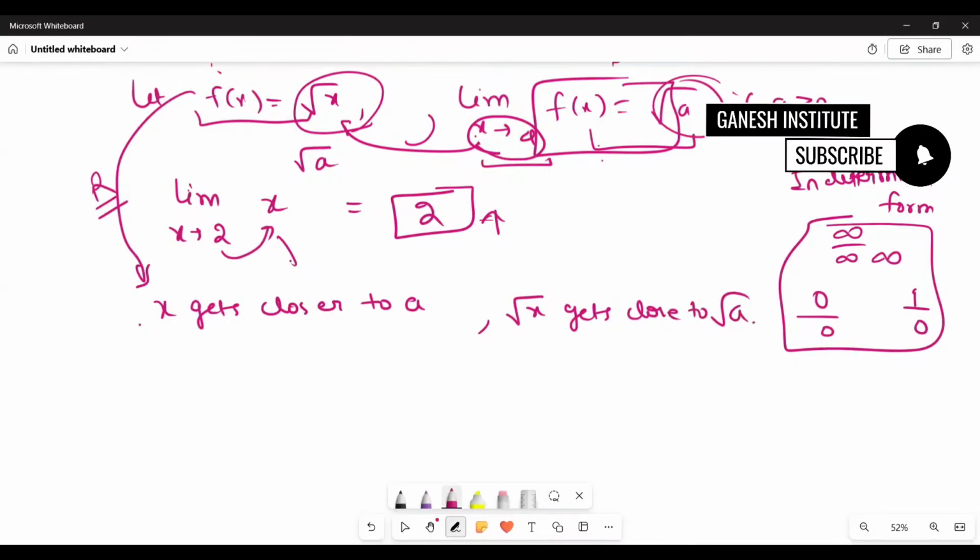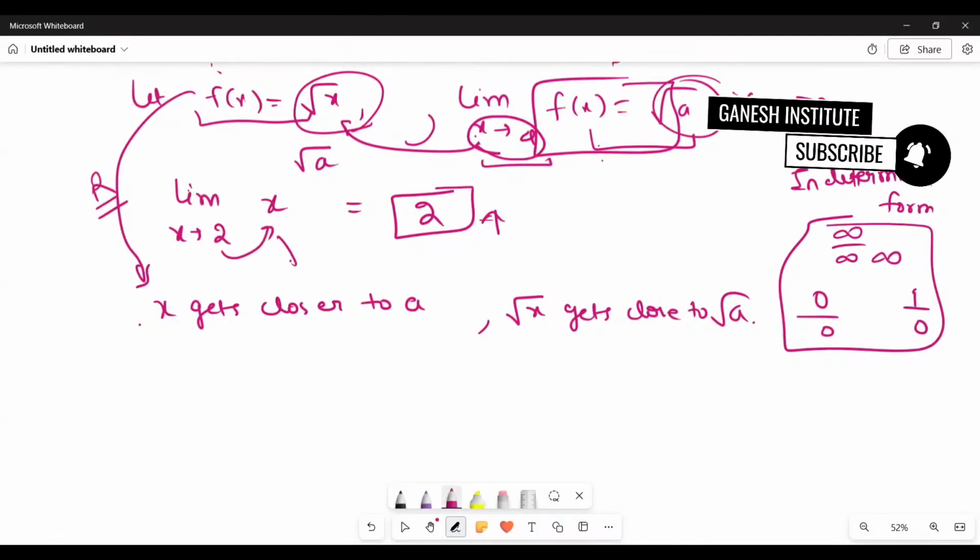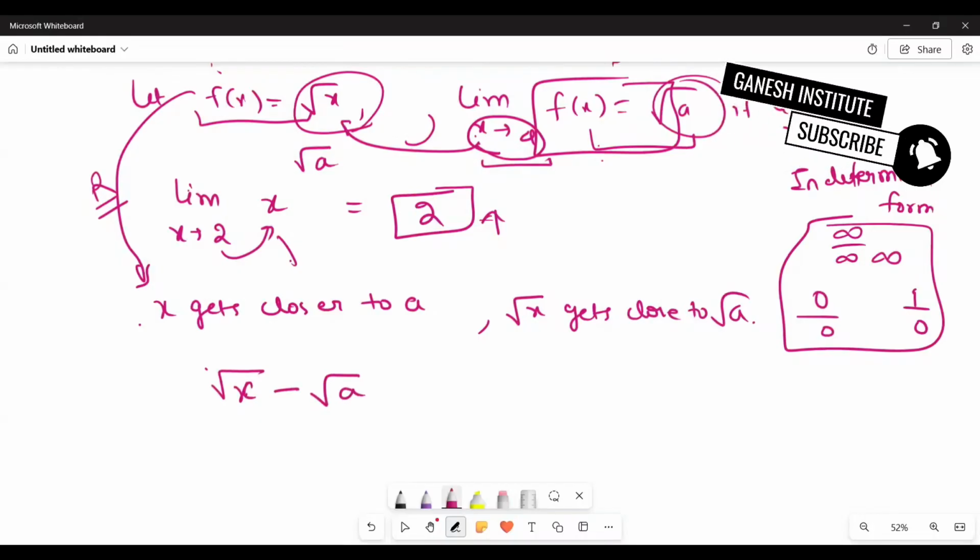This is what I have to prove. So I can take any value by the difference or by the addition, like root x minus root a if I choose.